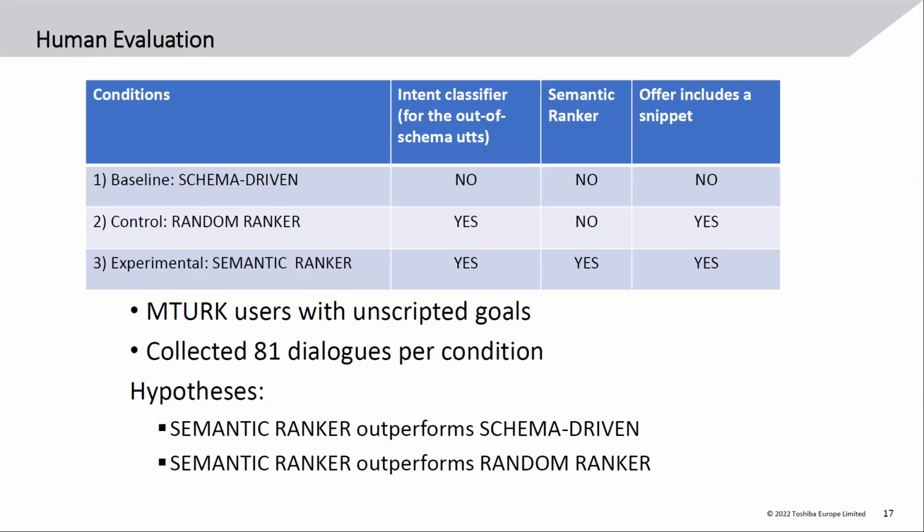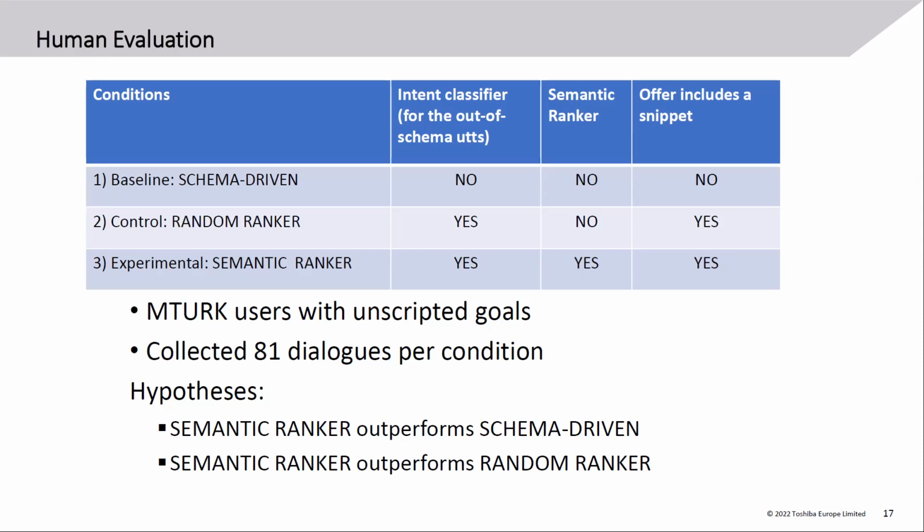Our hypothesis is that the semantic ranker would outperform both the schema-driven and random ranker conditions. The random ranker condition is a control condition which we introduce in order to determine whether users would prefer the semantic ranker because of the presence of the intent classifier or because of the presence of the semantic ranker.